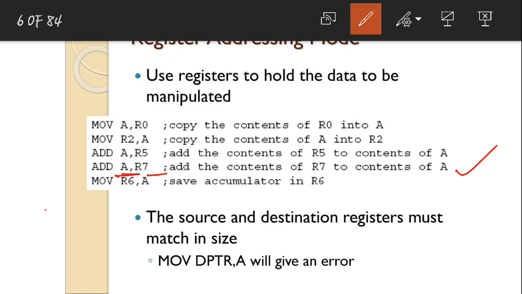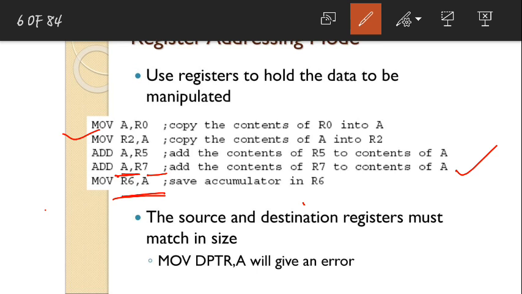Next, move R6 comma A. See, it is exactly the same as this instruction. Here I am trying to save the accumulator in R6, or copy the contents of the accumulator into R6.